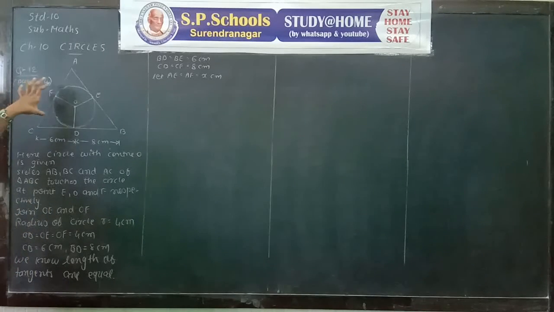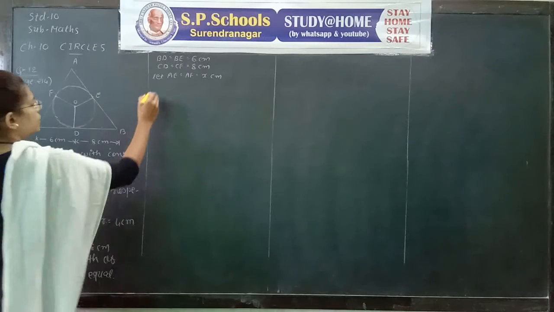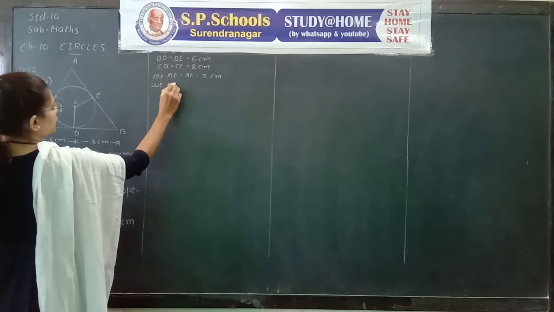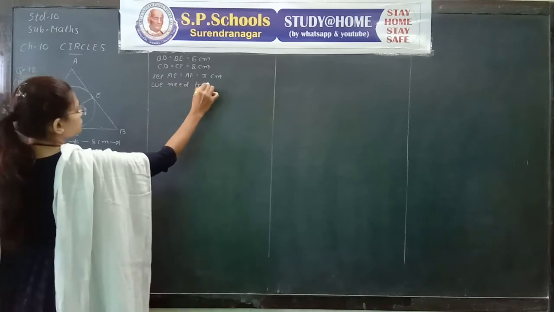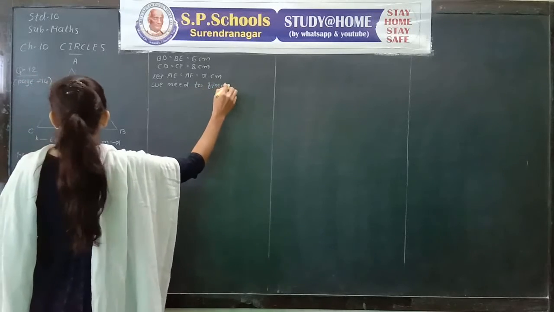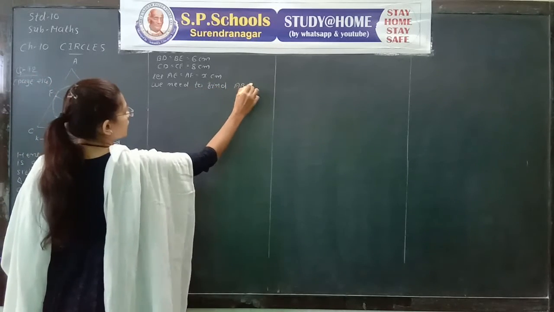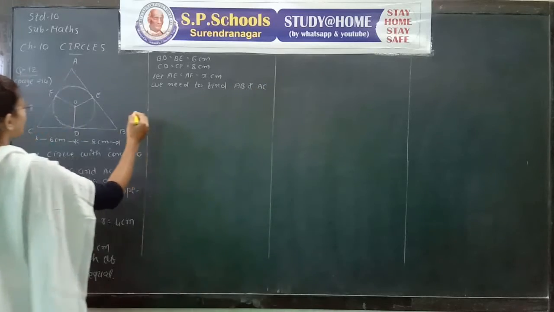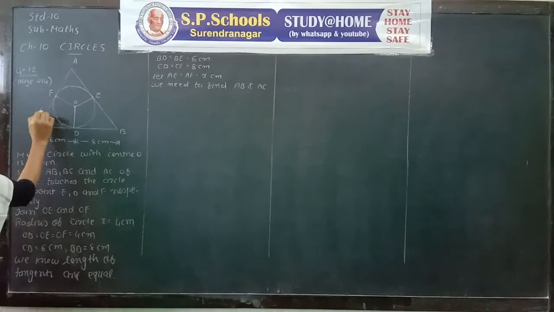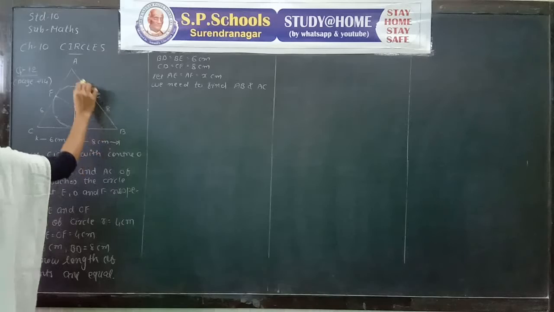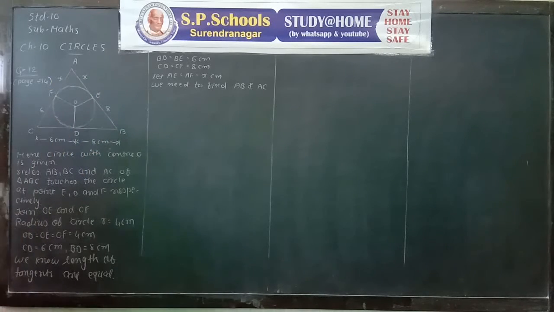We need to find AB and AC. For that, CF is 6, BE is 8, AE and AF both are x.